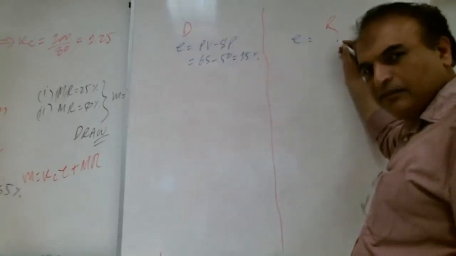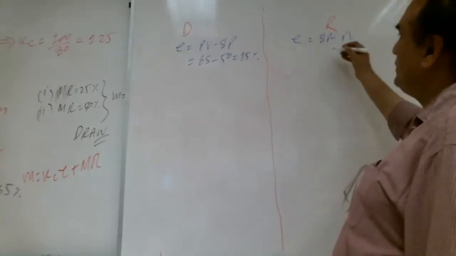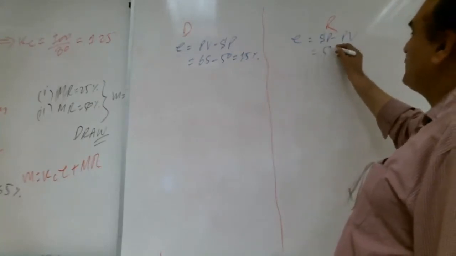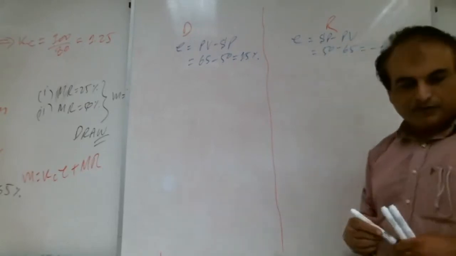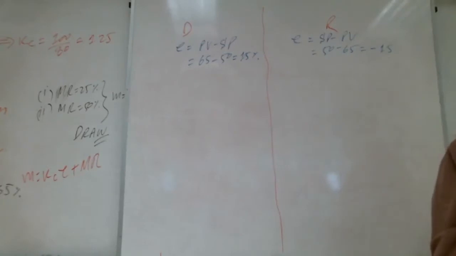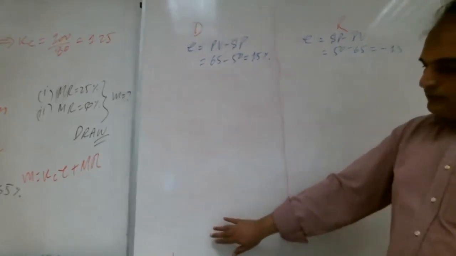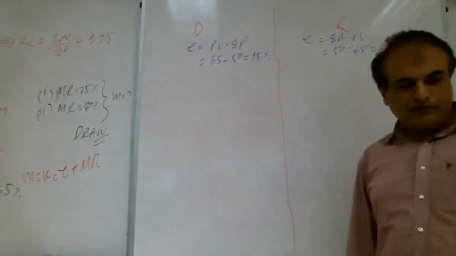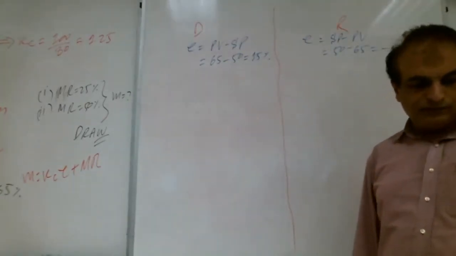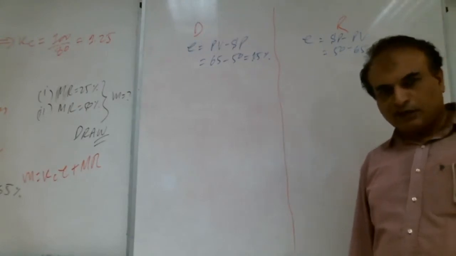Lot of brothers are saying minus 15. So 50 minus 65. How much, Shabab? Minus 15. Yes, brother. Is it okay up to here? Lot of brothers are typing yes.